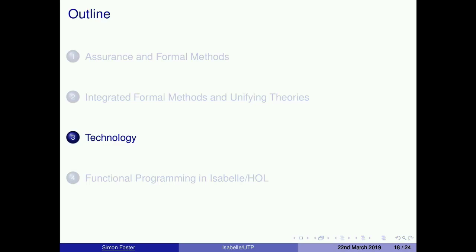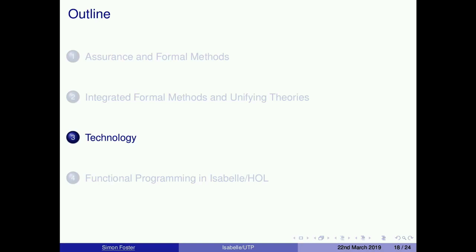So in their original UTP book, they looked primarily at concurrency and state-based imperative programming and how these two things can be unified, and some other computational paradigms as well. But of course, we know there's much more than that. So all these other building blocks, the UTP theories have been developed for these different paradigms over the past 20 years since the UTP book was written.